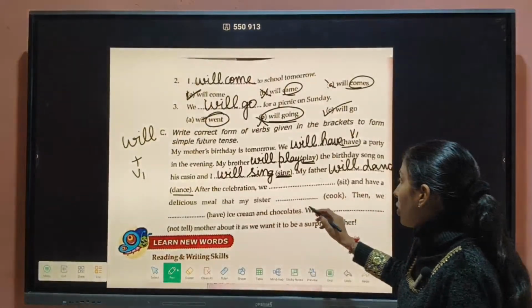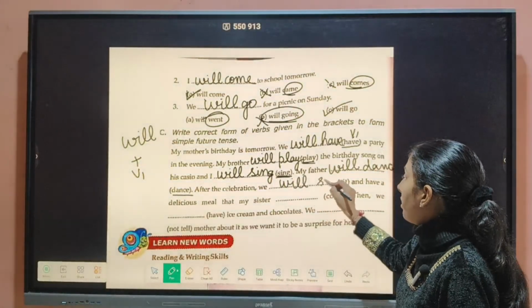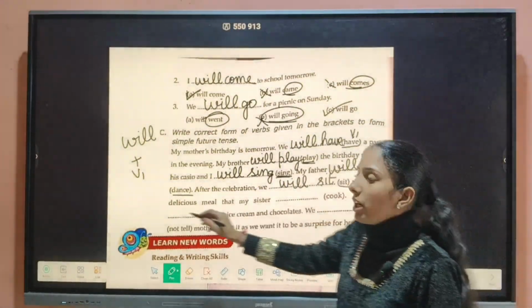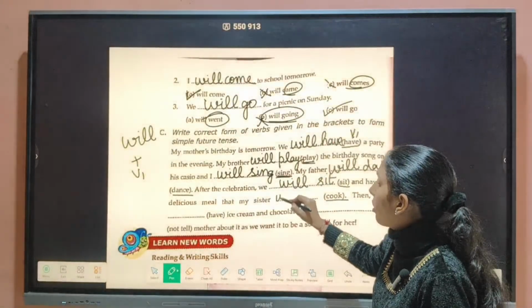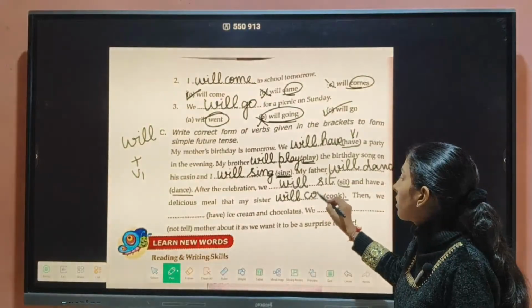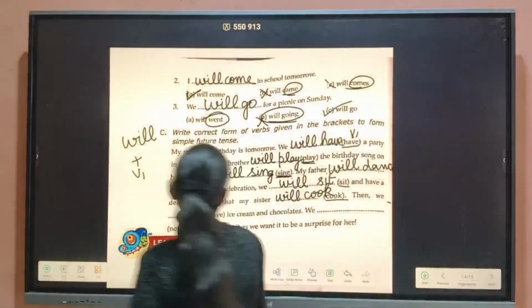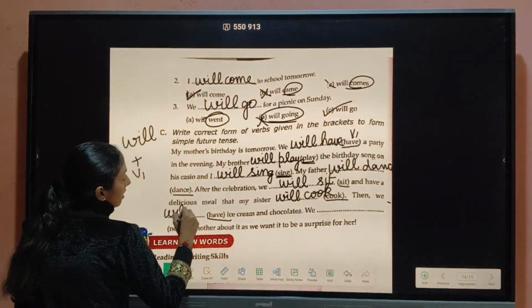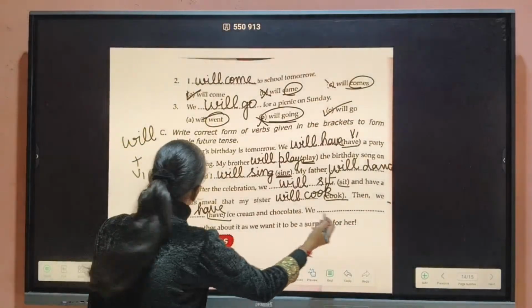After the celebration, we will sit and have a delicious meal that my sister will cook. Then we dash have. We will have ice cream and chocolates.